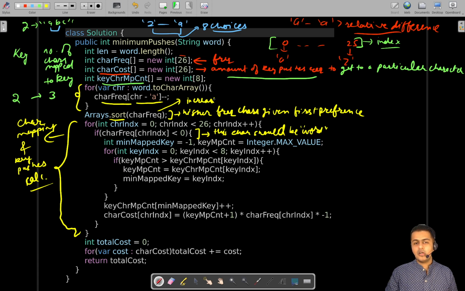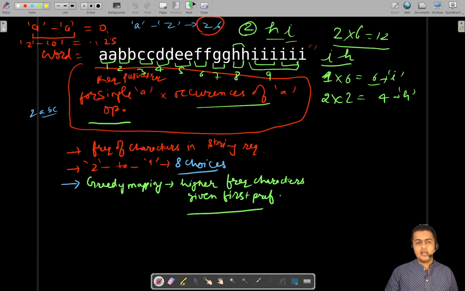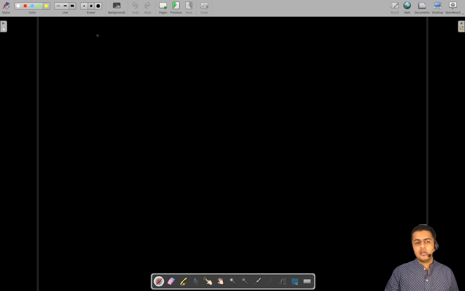But in order to get a decreasing order sort, where higher frequencies come first in the array, I have taken the negative approach. Let's take a fresh slide for that. The higher the number in its negative magnitude, the earlier it will be in our array.